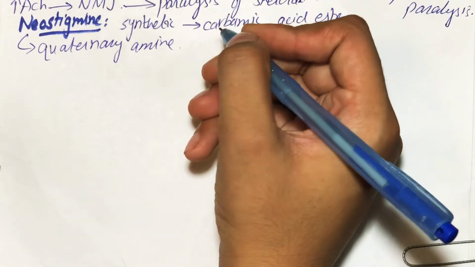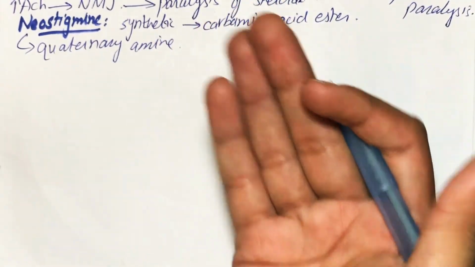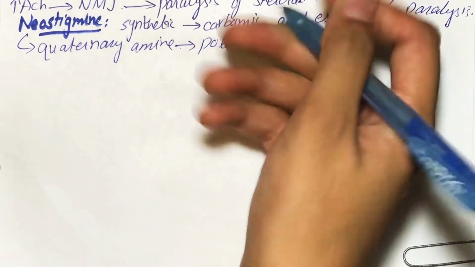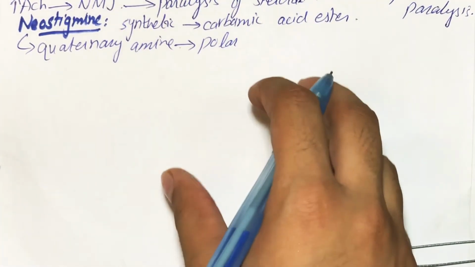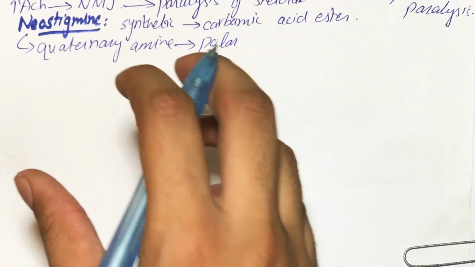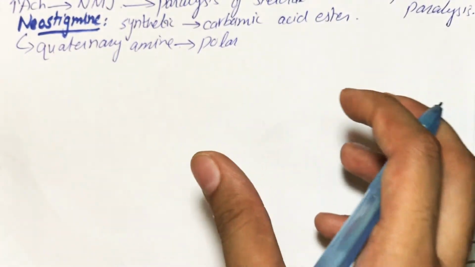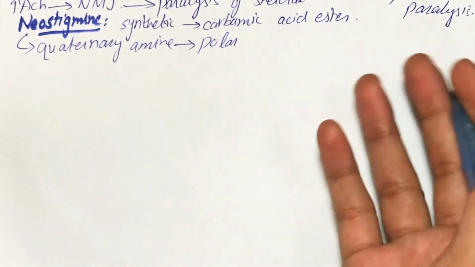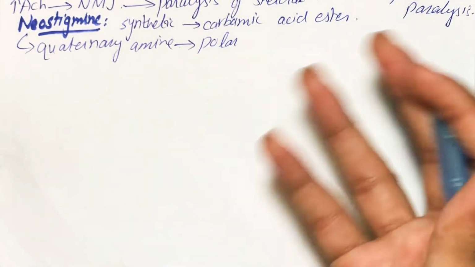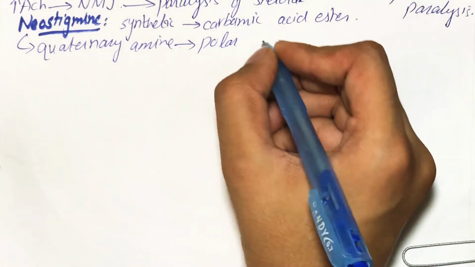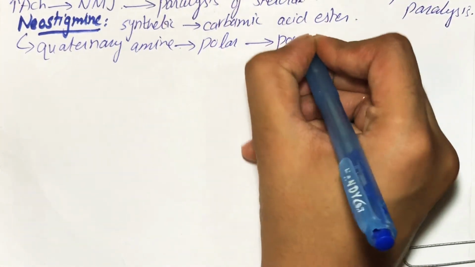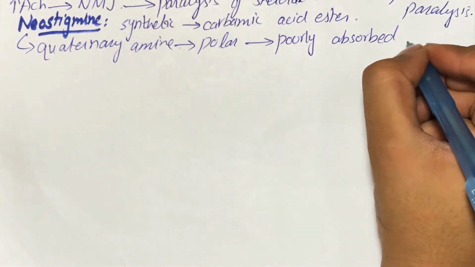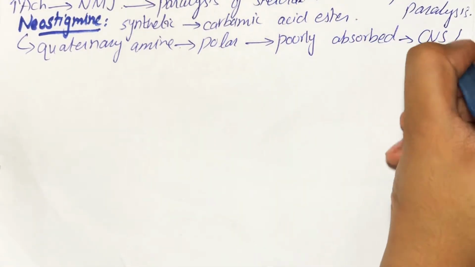This quaternary amine makes it more polar, because when there are more atoms attached to the nitrogen, polarity is established, and this polarity makes it poorly absorbed from the GI tract, and in this way it does not cross CNS.